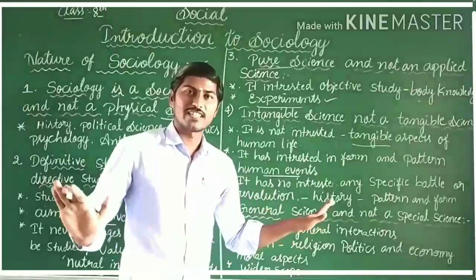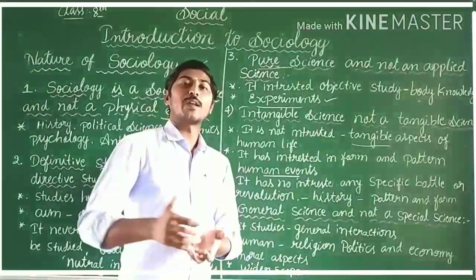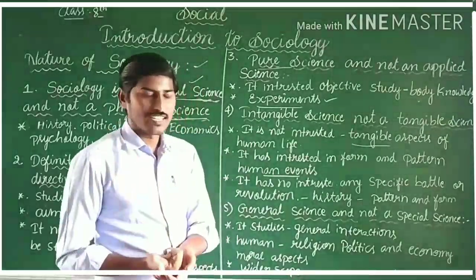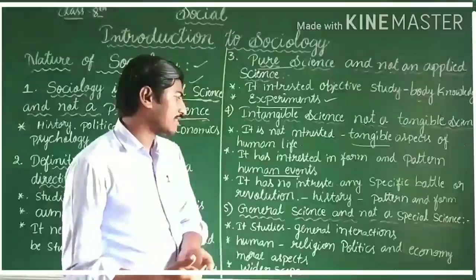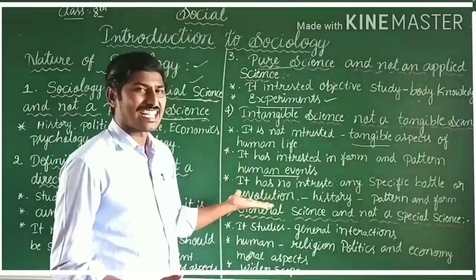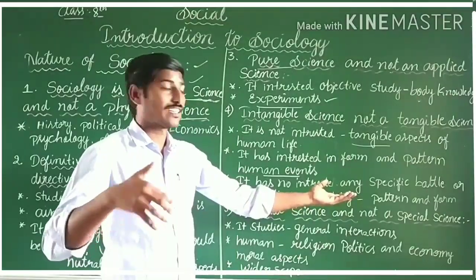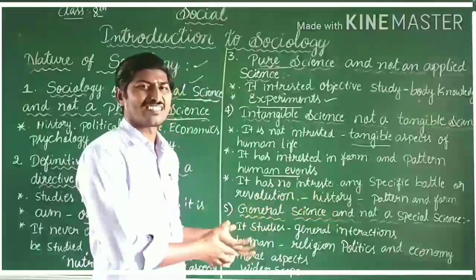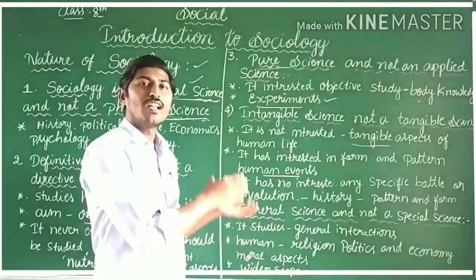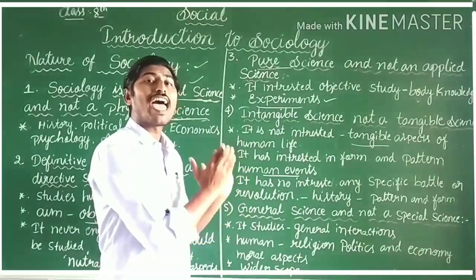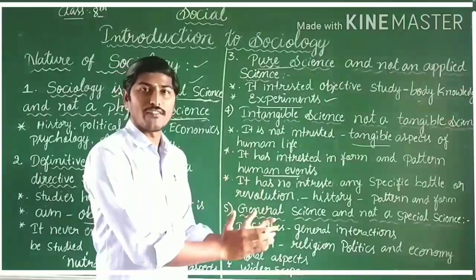It is not a special science because we cannot do any experiment and we cannot get any results in sociology. That's why it is a general science. It is not a special science like physics, chemistry and biology. It is a general science because we can learn the general human activities and general human behaviors.